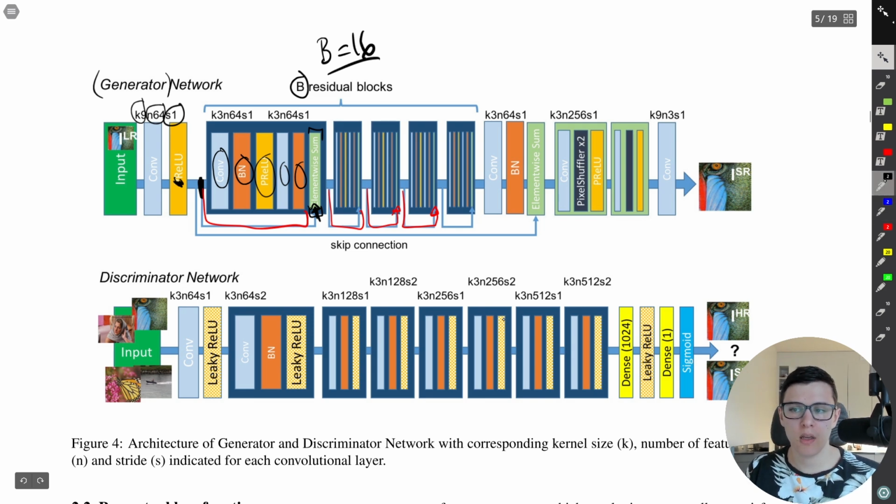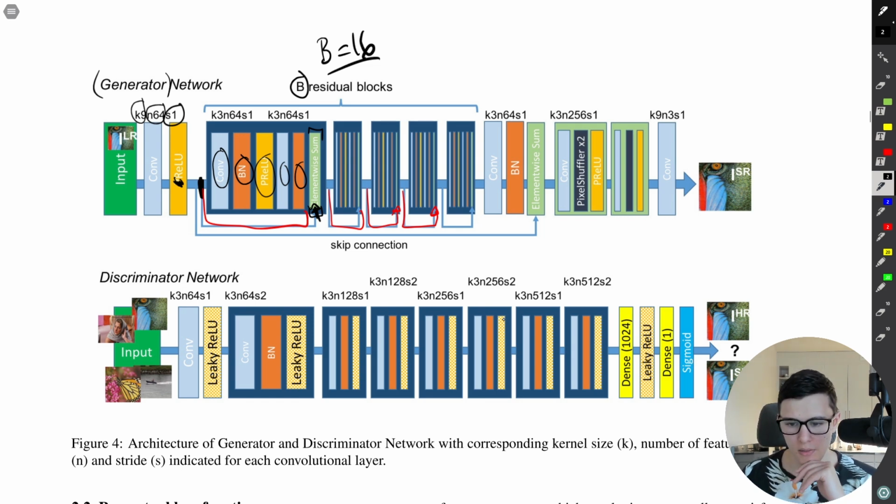For all of them, they only use a kernel size of 3, 64 channels, and stride of 1, which is kind of surprising to me, because all they do is work with a low resolution image for some really, really long time.